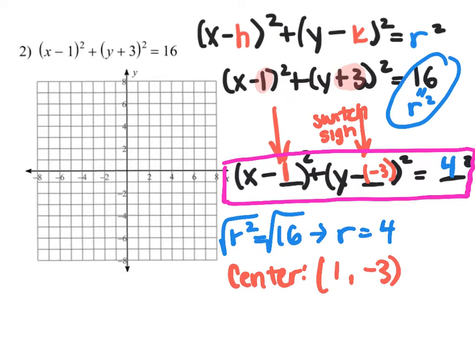So I can go over 1 and down 3. And the radius equals 4. So if I graph my 4 points, I go up 4, to the right 4, down 4, and to the left 4. And then do the best you can to draw in your circle.